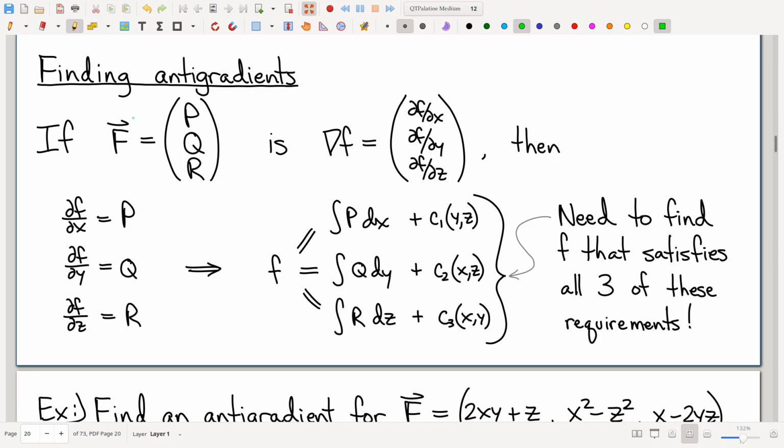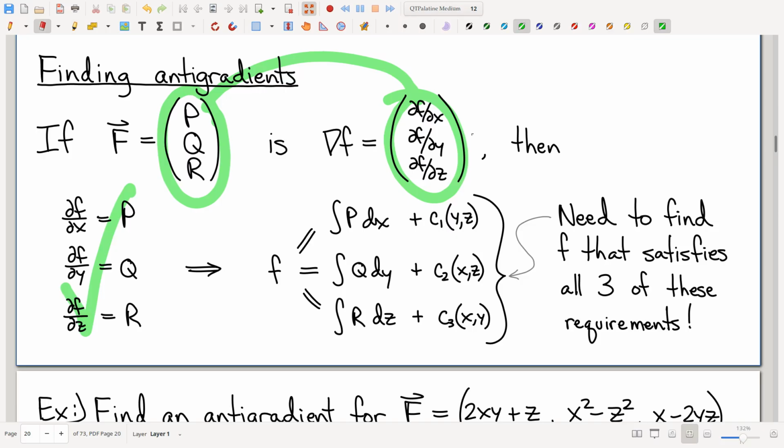If you have a vector field and you would like to understand it as being a gradient, specifically, understanding it as a gradient means finding that function, the anti-gradient. Okay, well, if the vector field is a gradient, then its components are partial derivatives, all partial derivatives of the same anti-gradient. Which gives us these three equations.